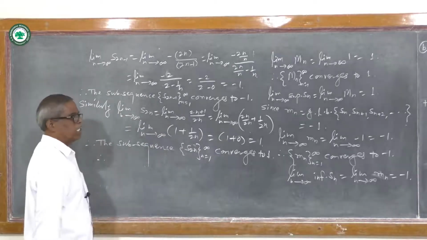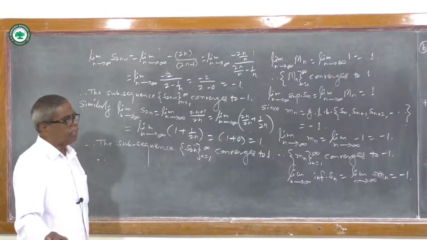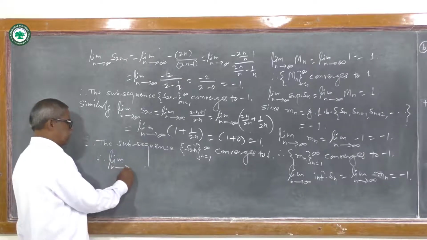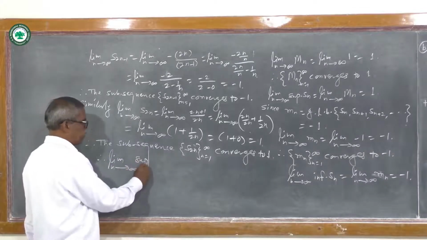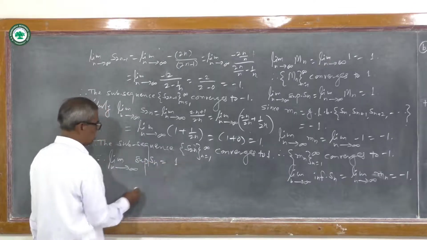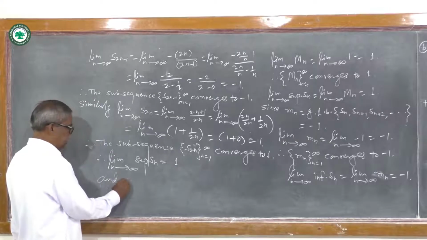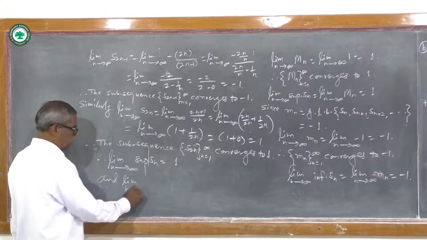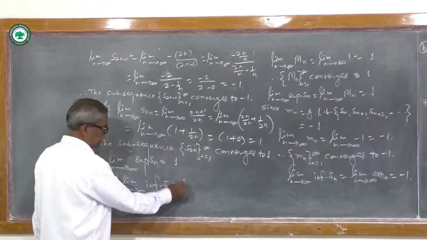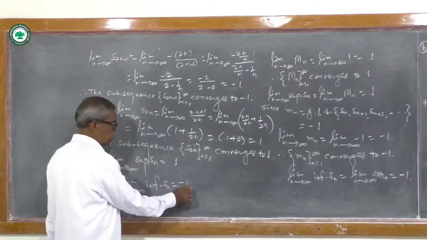Therefore, we write limit superior of Sn is equal to plus 1, and limit inferior of Sn is equal to minus 1.